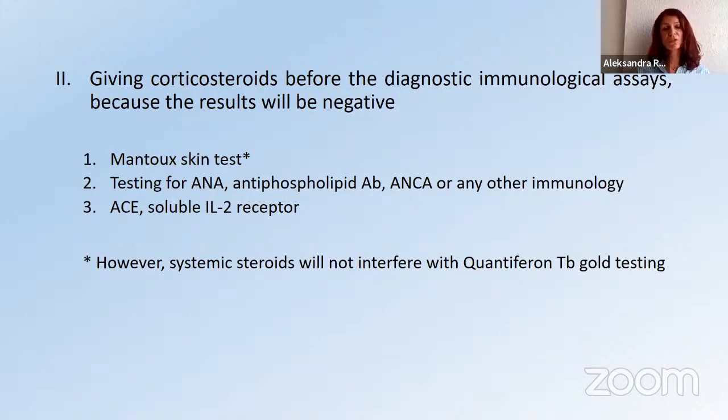Also, if you want to test for antinuclear antibodies, antiphospholipid antibodies, antineutrophil cytoplasmic antibodies, or any other immunology, you first have to take the test and then give, of course, therapy. And also in sarcoidosis, angiotensin converting enzyme or soluble interleukin-2 receptor can be lower after treatment. So you have to do the test before.